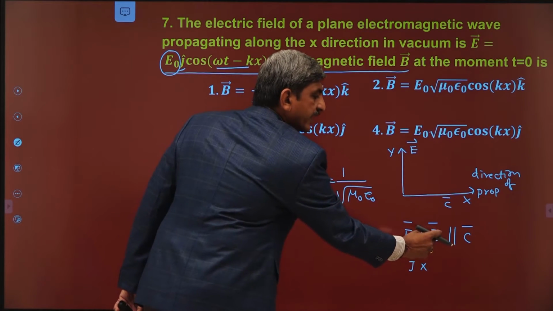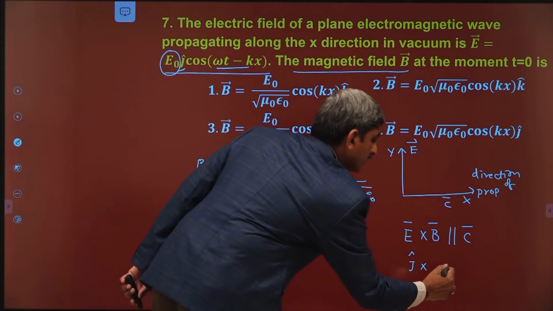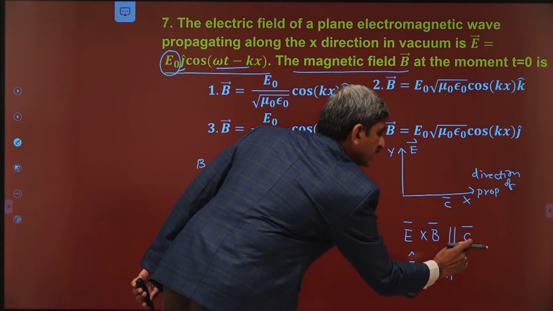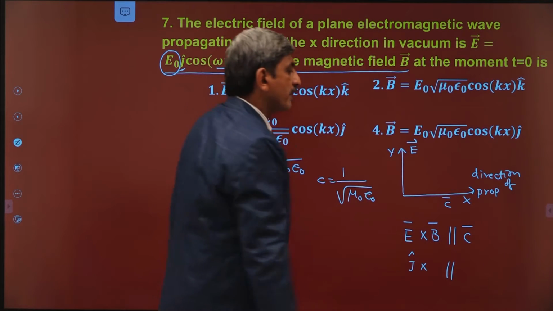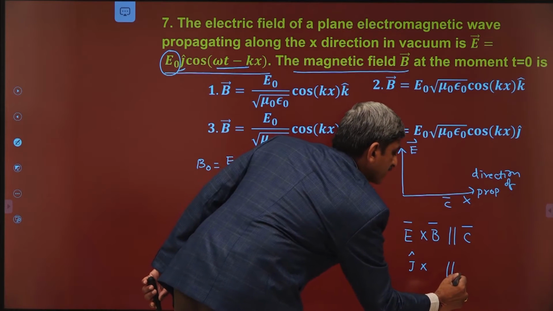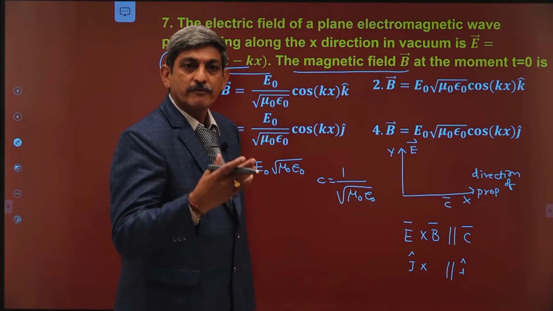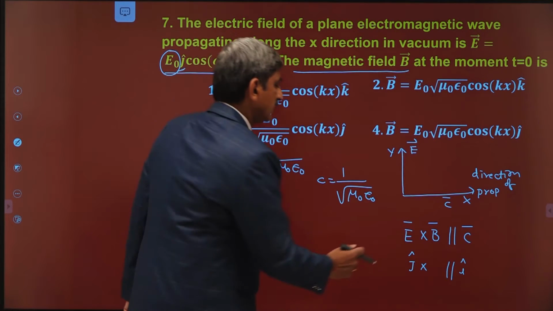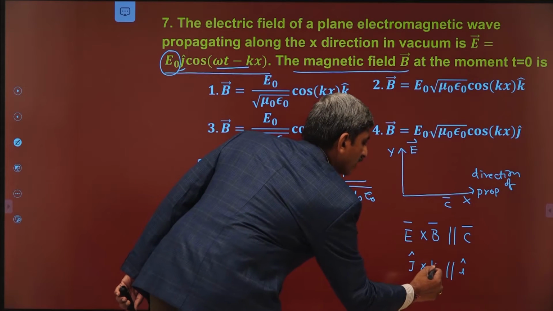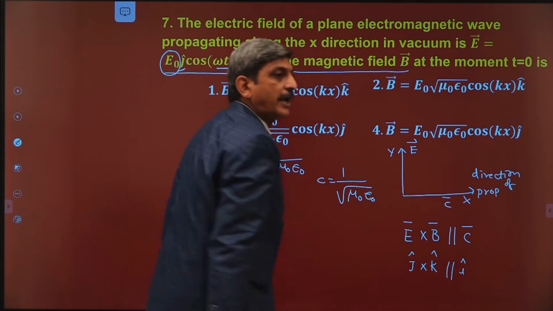We want to find out the direction of the magnetic field. The resultant must be parallel to the direction of the velocity of the propagation, that is along the x-axis. The unit vector is i cap. You studied that j cap cross k cap is equal to i cap.